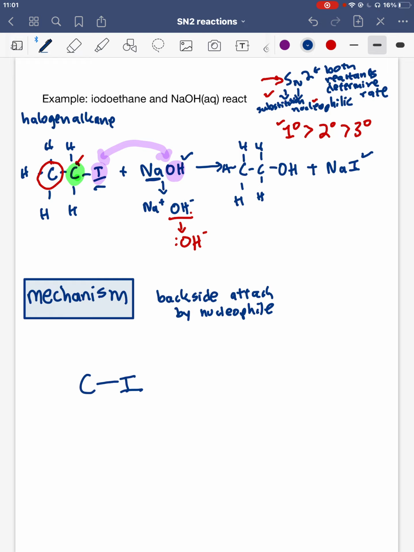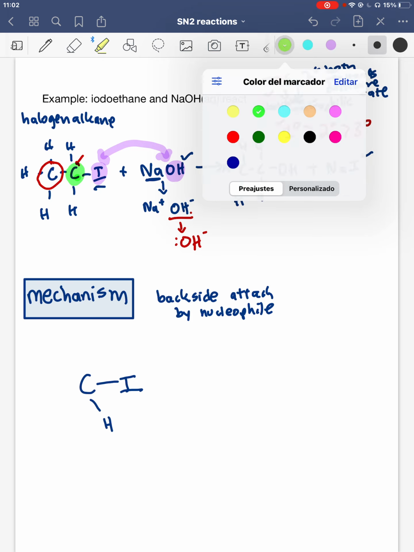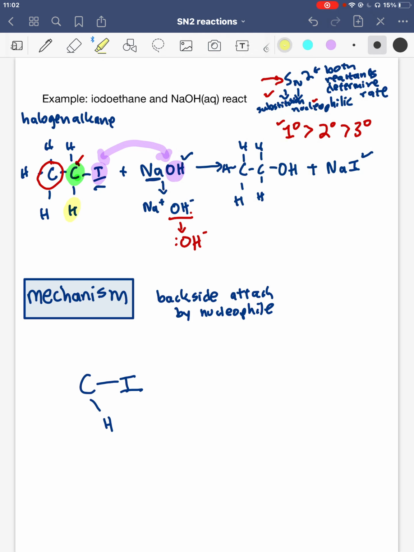So I have my iodine here. I am going to draw my hydrogen, and let me show this with a different color. The hydrogen I just drew is the one I put in yellow.